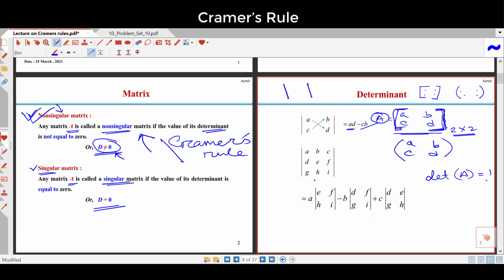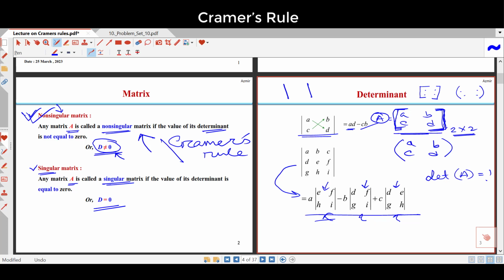You can see, if we write it this way, then every time we have new 2 by 2 determinants, and you know how to find the determinant for a 2 by 2 matrix. So here you have a 2 by 2 matrix, 2 by 2 matrix, 2 by 2 matrix. Now we will learn how to write this as this.